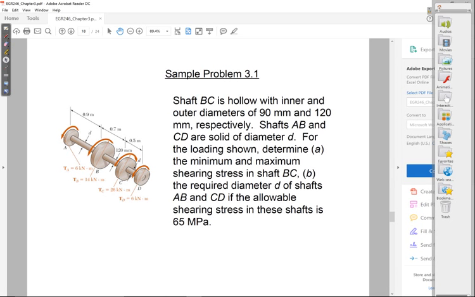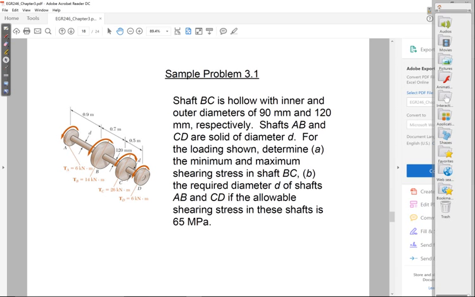If it's not in equilibrium, then this is not something we could solve. So it is in equilibrium, and the way you could tell is if you add up all those torques, the net torque should be 0. And you can see that everything does add up to 0. Use your right-hand rule again.